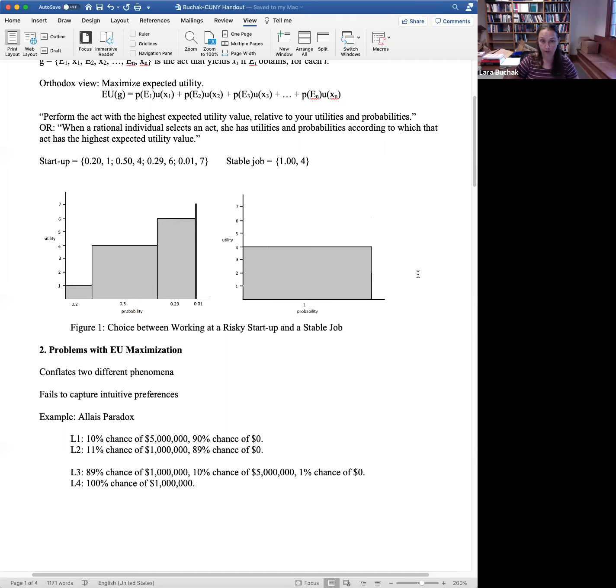So the first problem with expected utility maximization's view of what it is to be risk averse, namely having a diminishing marginal utility function, is that it looks like it conflates two different phenomena. Consider two people, both of whom would rather have one coffee cup than a coin flip between 0 and 2 coffee cups.